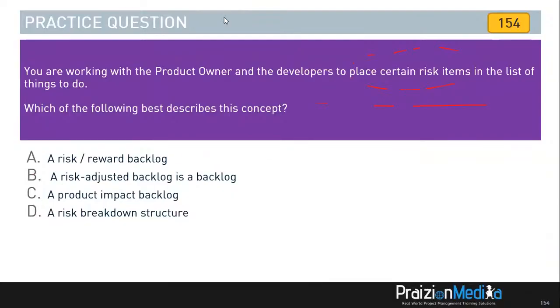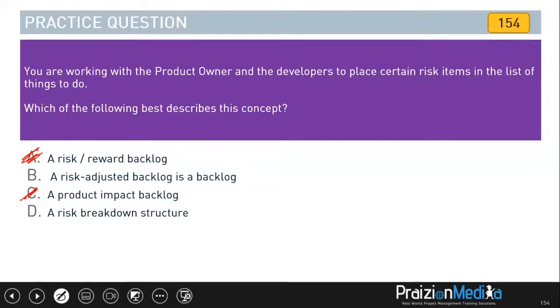So this is a pretty straightforward one. There's no such thing as a risk-reward backlog, so we'll cancel that. Product impact backlog is a bogus term, and so is, well, risk breakdown structure is a legitimate one, but that is not where you would place these risk items in the list of things to do.